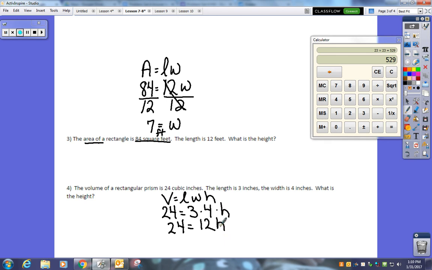Now, just as we did similarly up top, to figure out what we're multiplying 12 by to get 24, we would divide 24 by 12. Since we're dividing one side of the equal sign by 12, we're going to show that we're dividing the other side of the equal sign by 12 as well. These two, 12 divided by 12 is 1, cancel each other out, and that leaves us with h.